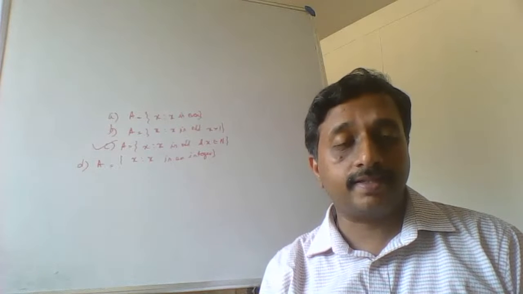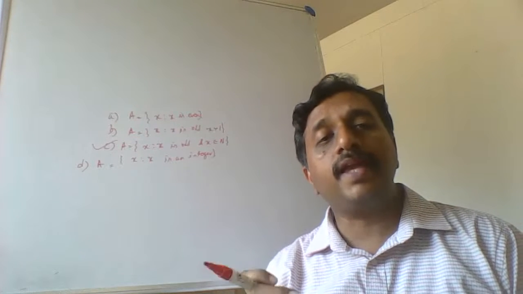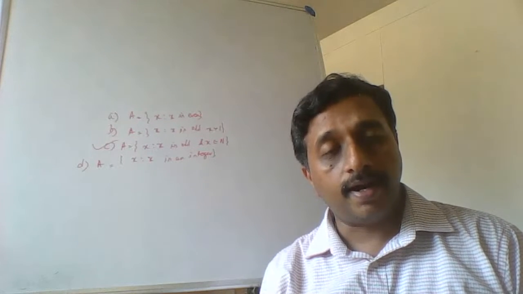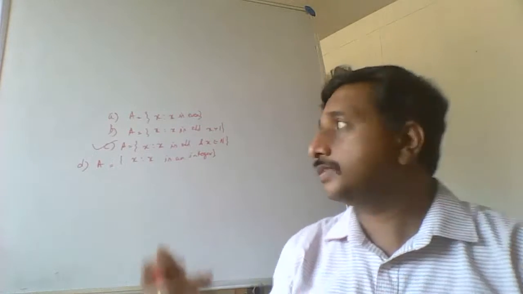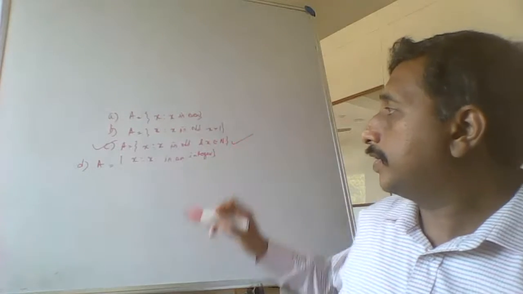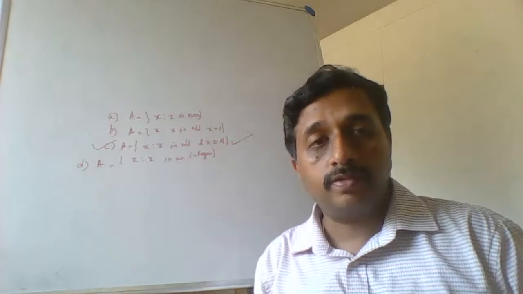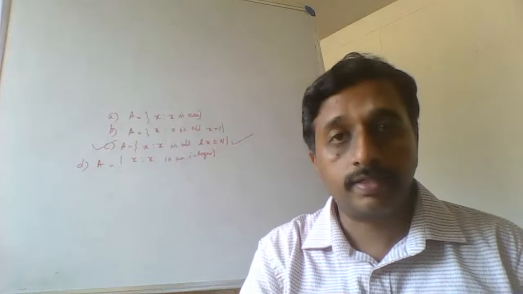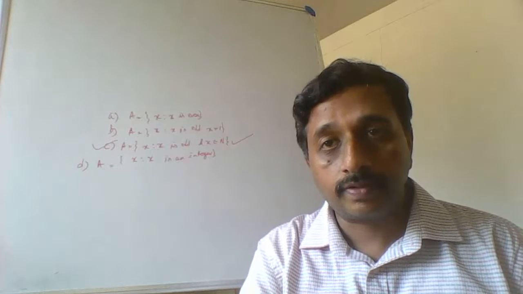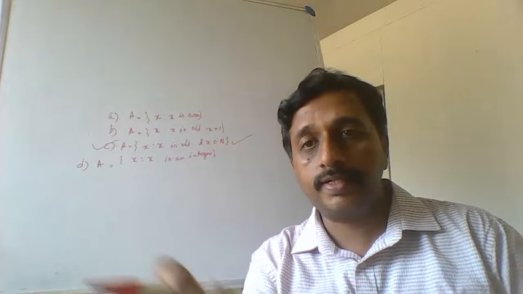So, x such that x is odd and x belongs to N, which is the natural numbers. Did you understand this? If you have any queries, you can ask. I hope you understood this, right?